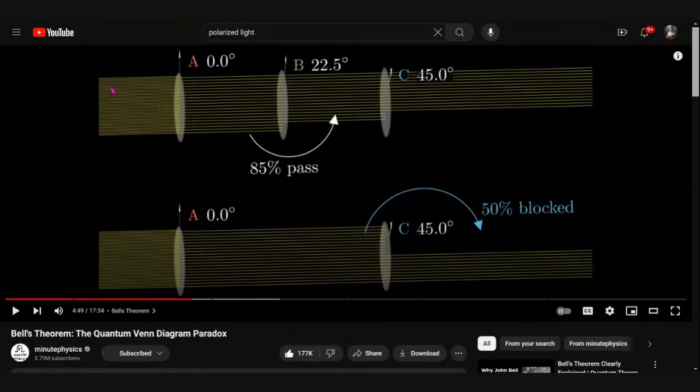So you start with non-polarized light. Then you polarize it this way. So it's mostly this way. But there's no difference between this one and this one. So these are two parallel experiments. Then you add this one, which, let's say, is 22.5 degrees.